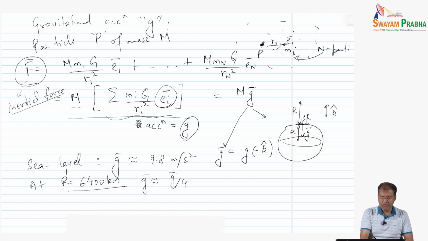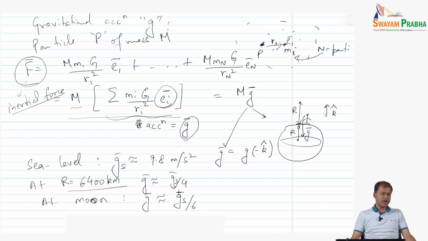So let me call this sea level g as gs, and then at r, g is equal to gs by 4, right? And then at the moon my g comes out to be gs over 6. So 1/6 the acceleration due to gravity, and typically the weight also reduces by 1/6. It gives about 16% of the original weight of the person that is measured on the earth.